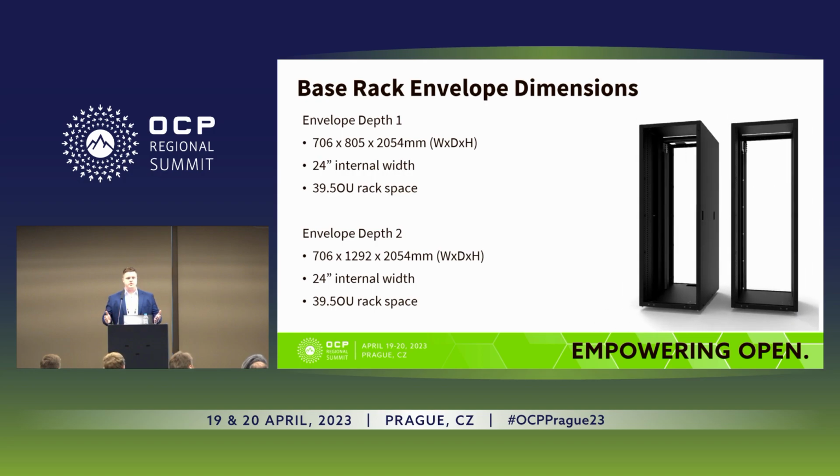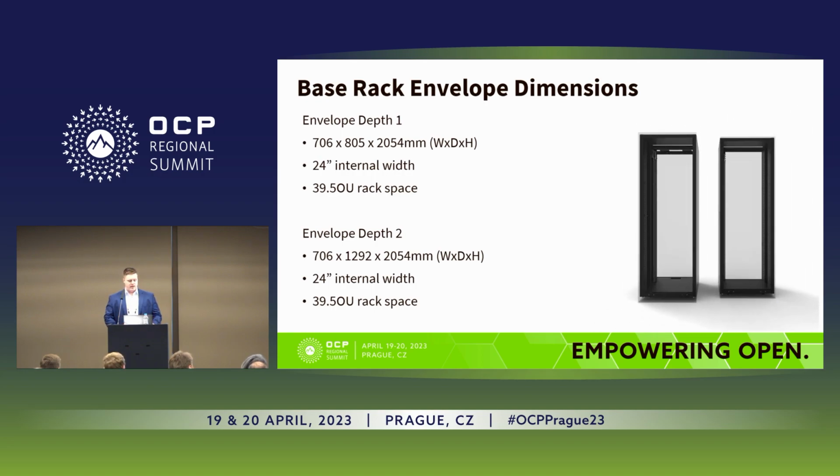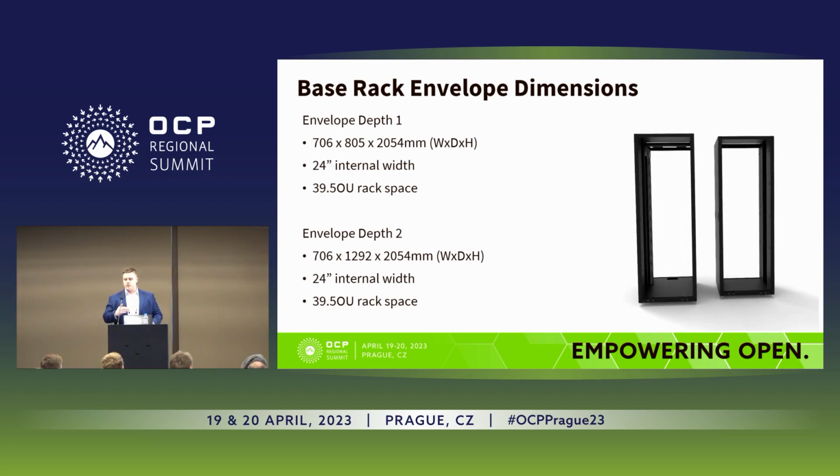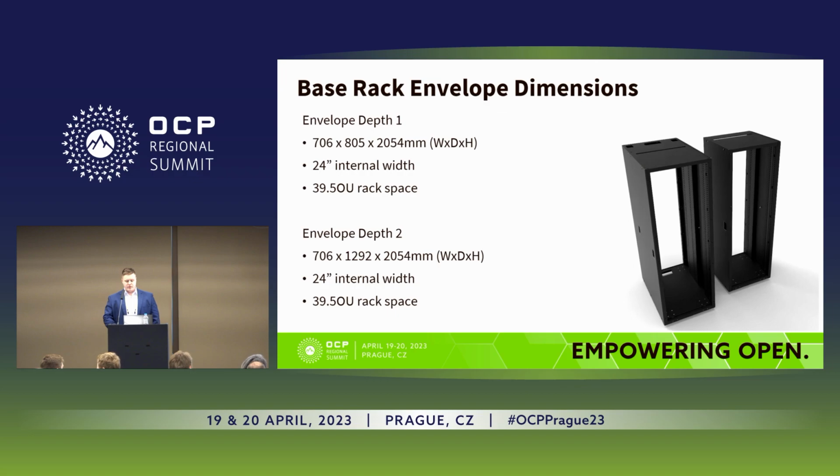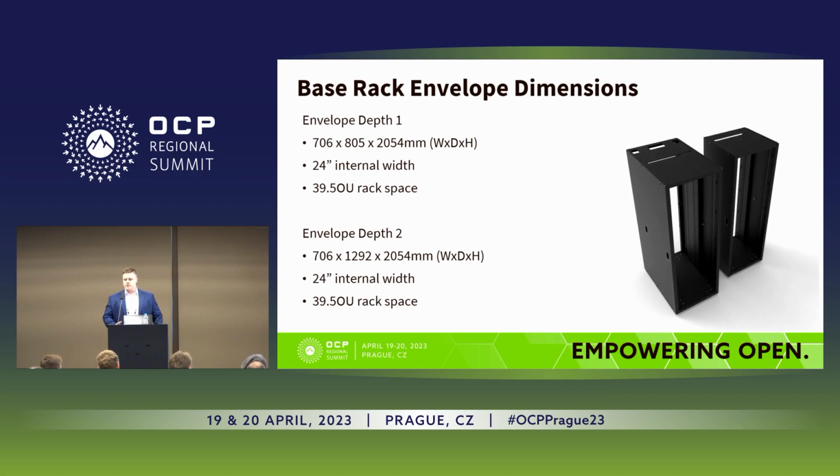It's a 24-inch internal width rack, with 39.5 OU of internal usable space. The main difference between the two versions is clearly the depth. Version 2 is about 50% deeper, so you get a lot more bang for your buck, a lot more space inside the rack.